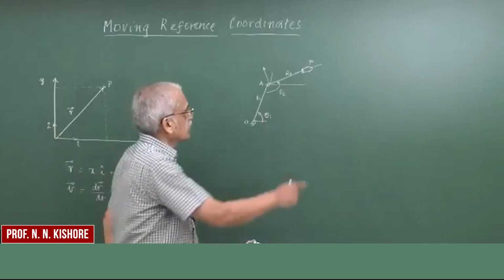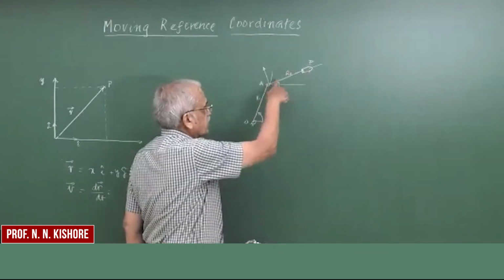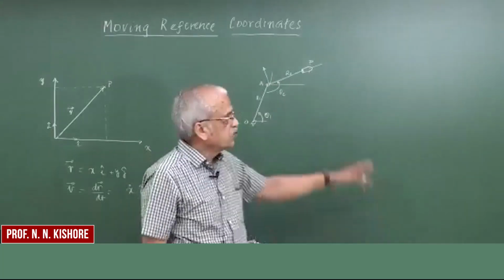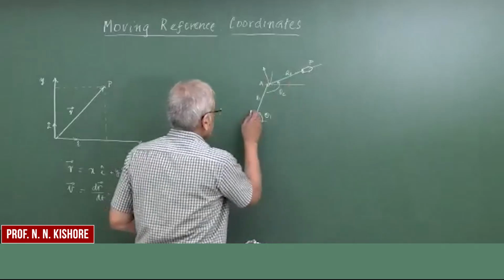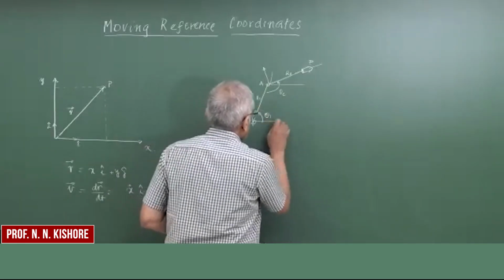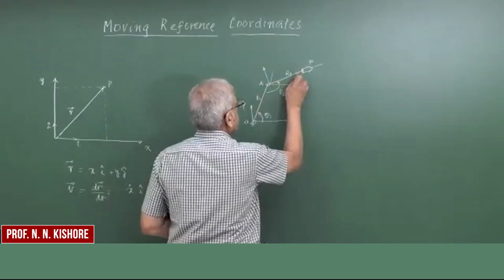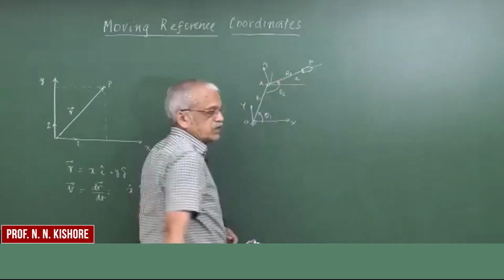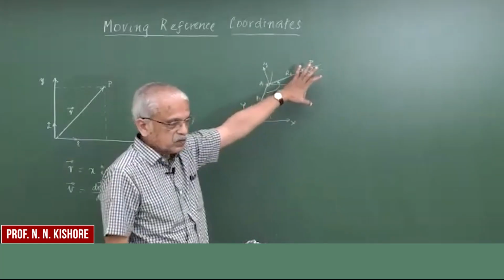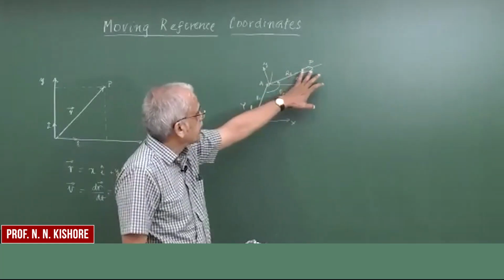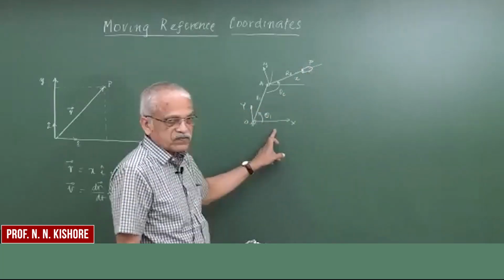But the complexity is now transferred to what will happen if you fix some coordinate system here to this link. Obviously it is moving with respect to this. So if this is a fixed frame, and this is something which is translating as well as rotating, then what will be the final velocity of this P with respect to the fixed coordinate system?